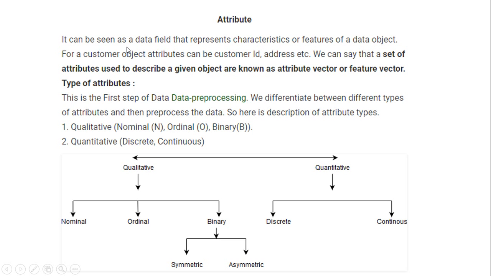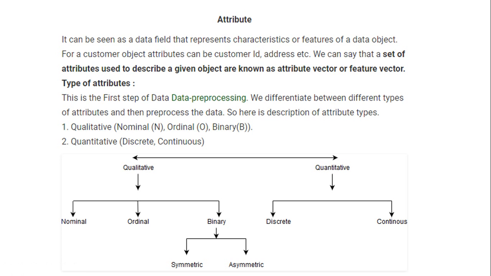For a customer object, attributes can be customer ID, address, etc., maybe names. We can say that a set of attributes used to describe a given object are known as an attribute vector or feature vector.